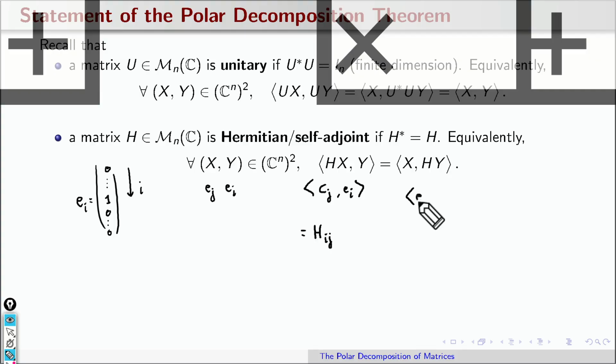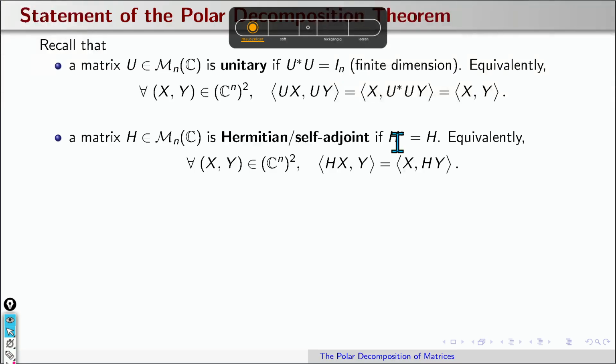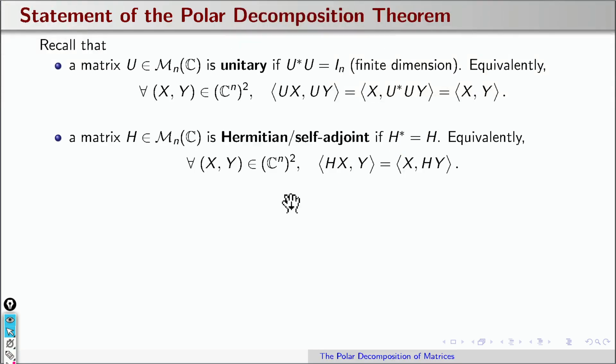Here, if I have e_j, and here I have column i, because this is a sesquilinear form, it will give the element in column i, line j, and complex conjugate. So here we recognize that H transpose conjugate equals H.